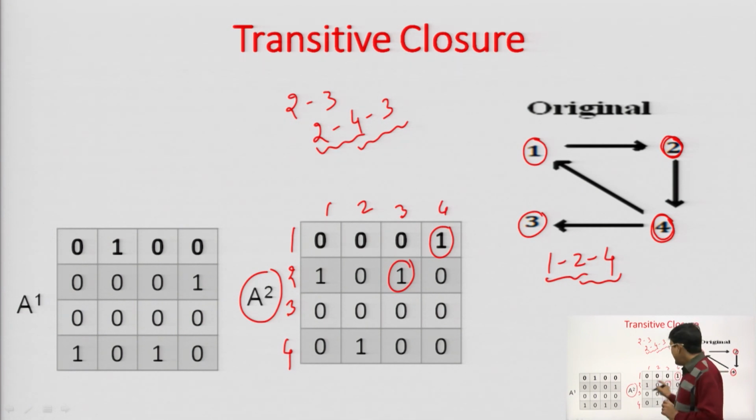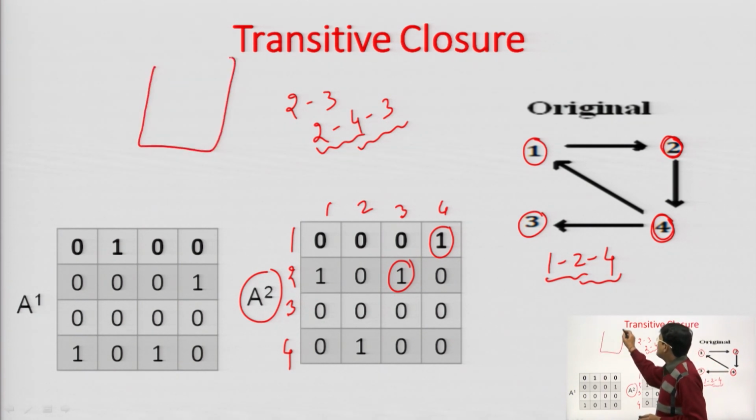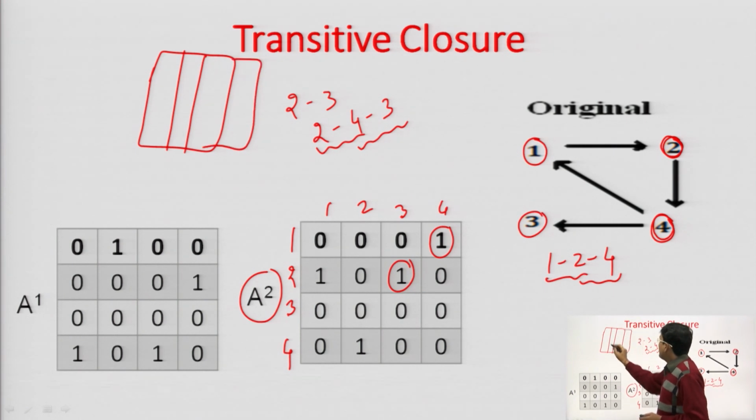So, this entry is telling you how many paths are possible between a pair of stations, how many length 2 paths are possible between a pair of stations. Let me reiterate, the A square matrix may be represented like this also: 0 3 2 1 4 3 5 2. Let us say all these other entries are 0.